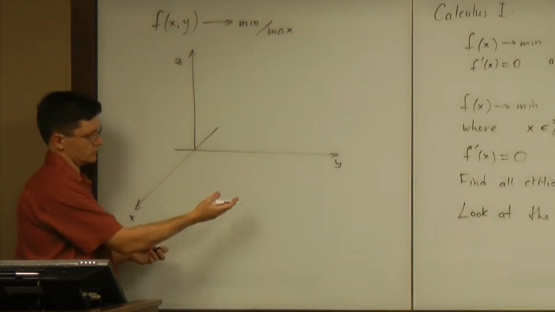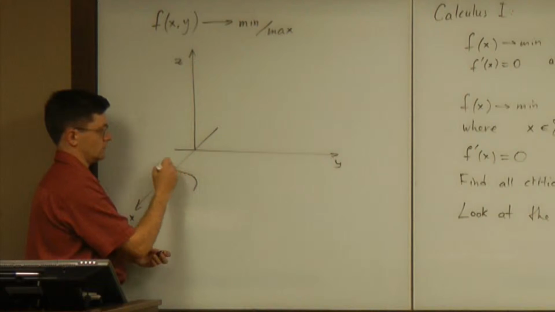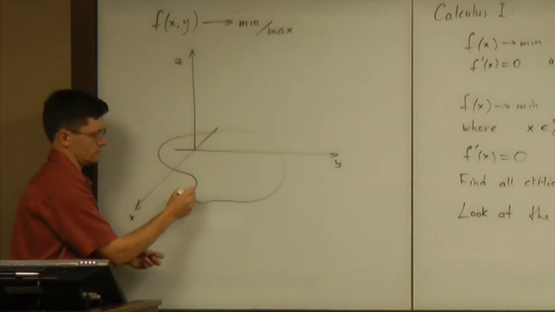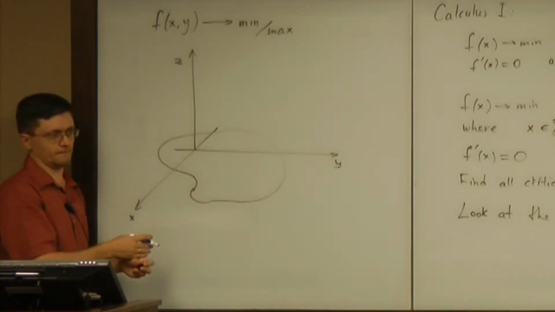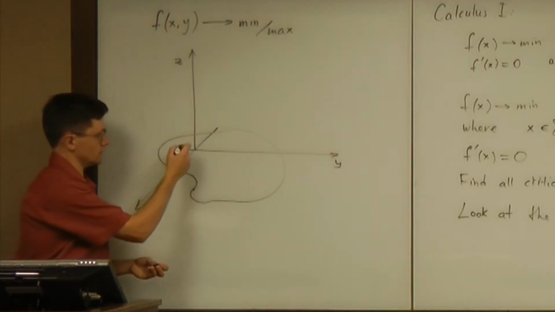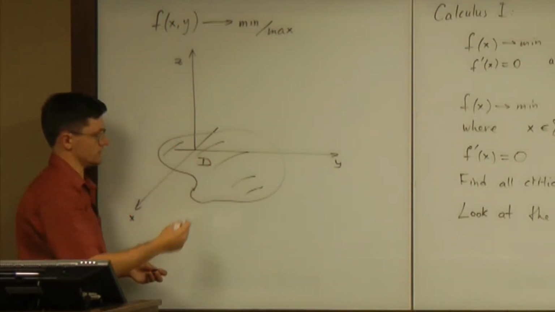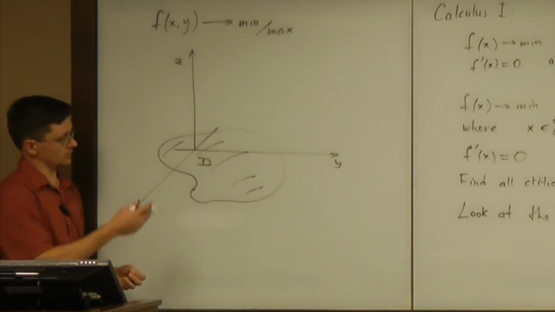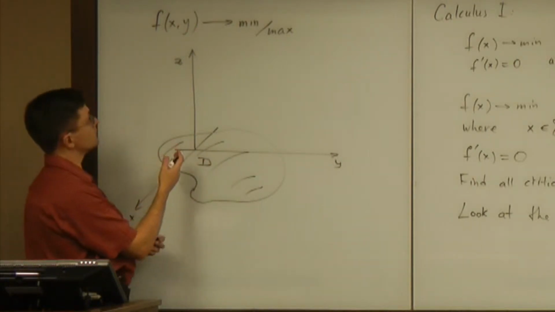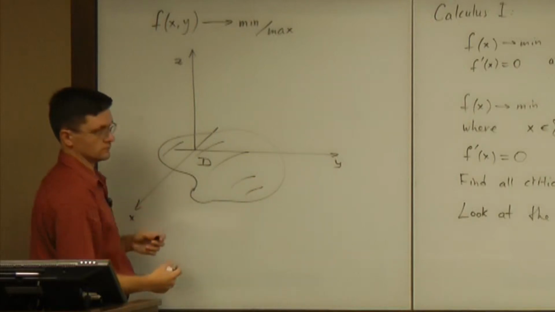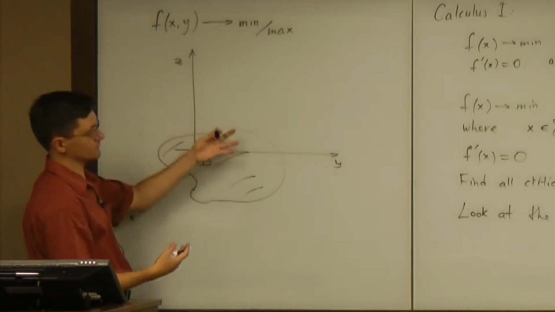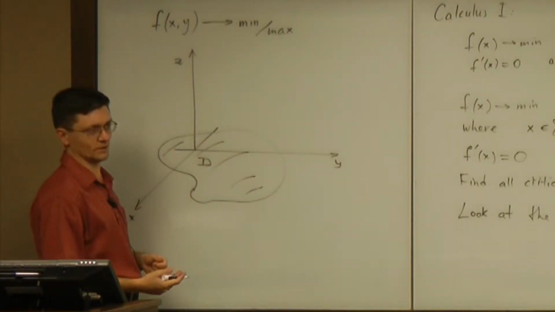Well, actually, we just consider a region, some region on that xy plane. You limit our consideration to something, I'll call it D. And then on that D, the function behaves some way.